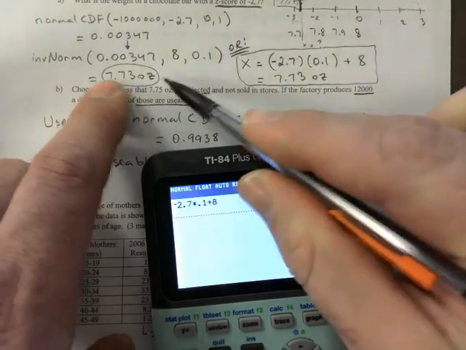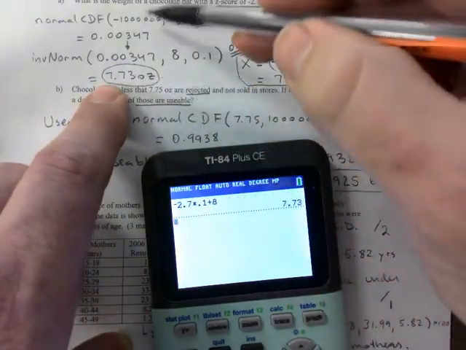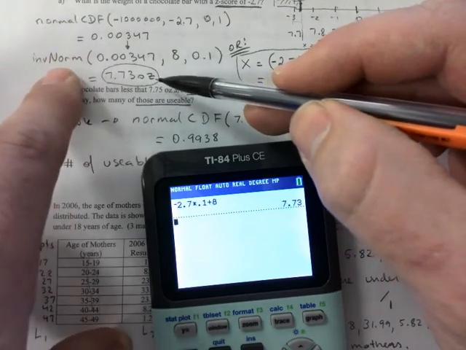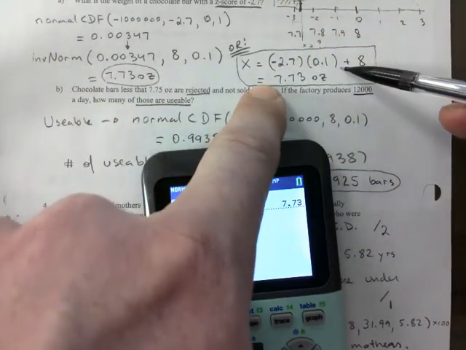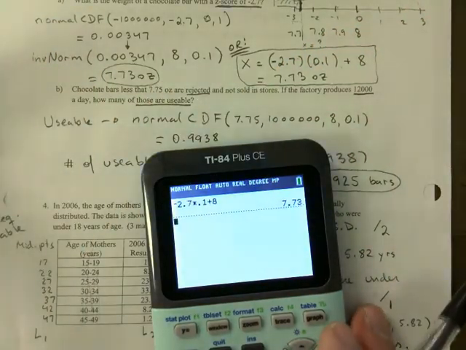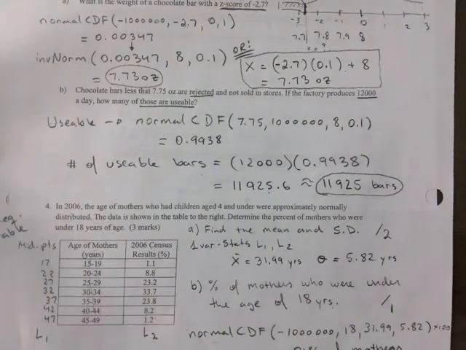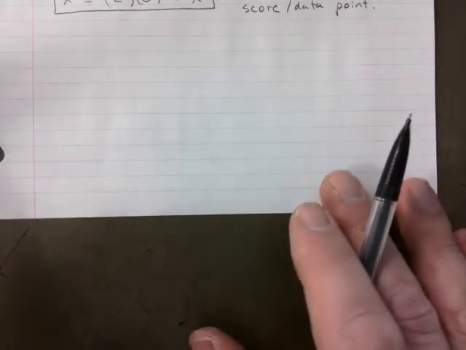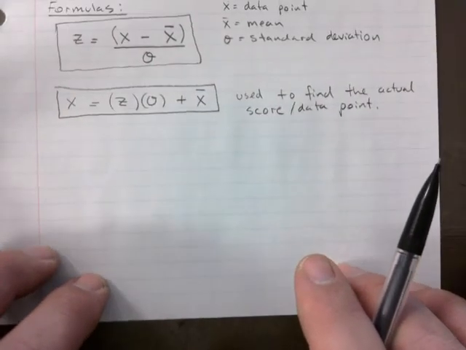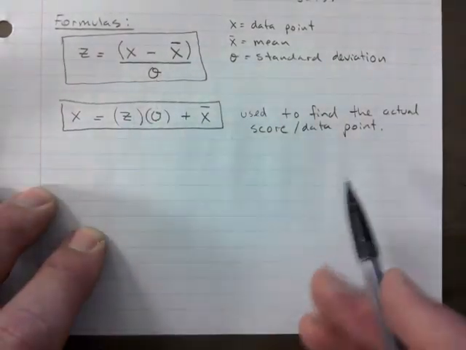We essentially are doing the same thing. One is using your calculator, just using normal CDF inverse norm. The other one is using the formula. So there it is. That's how I use that formula.